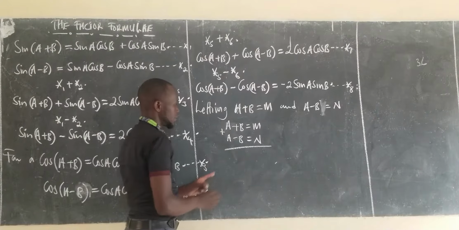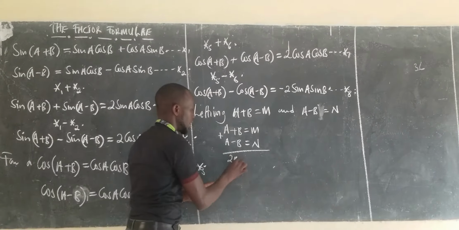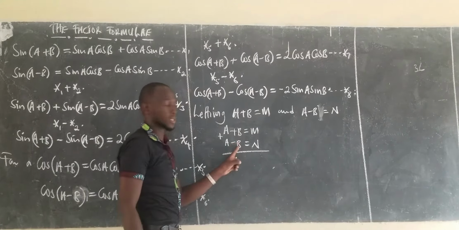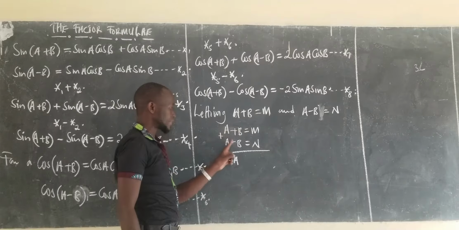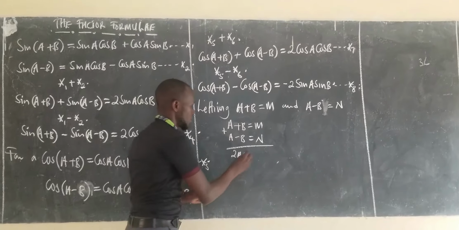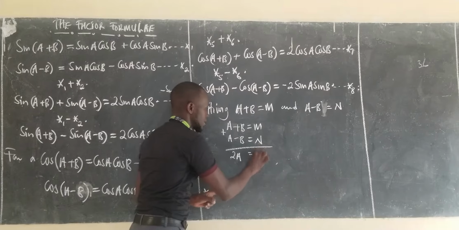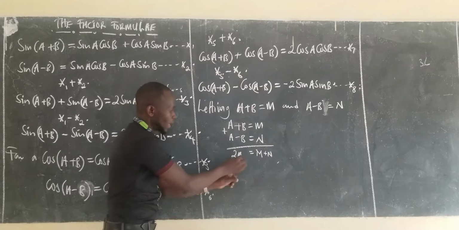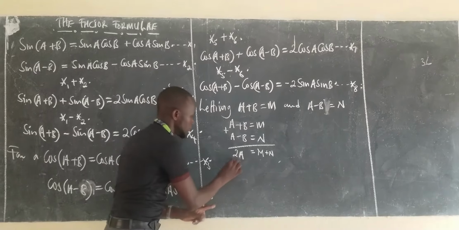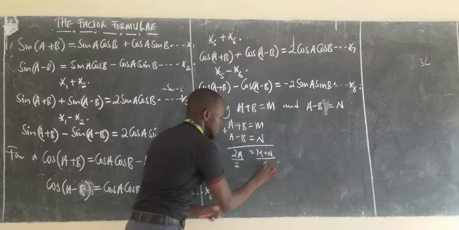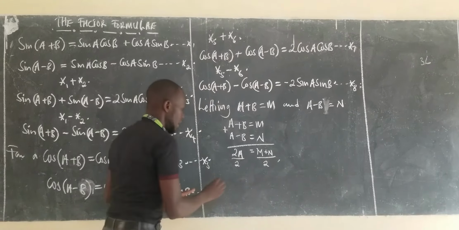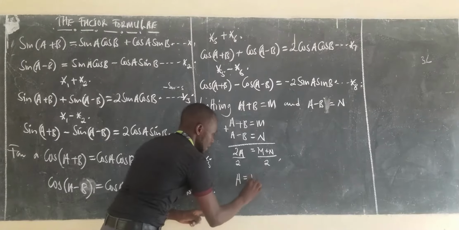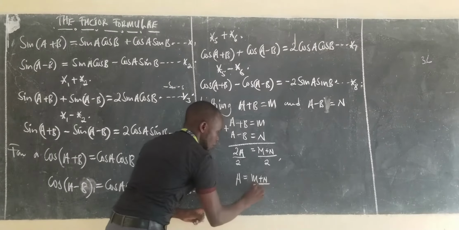When you add, you'll have twice of A. This will cancel out because positive B plus minus B is 0. So we shall have m plus n. We want to make A the subject, so you divide by 2. So we shall have A as m plus n over 2.